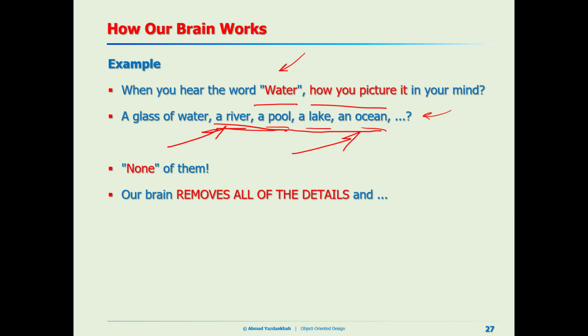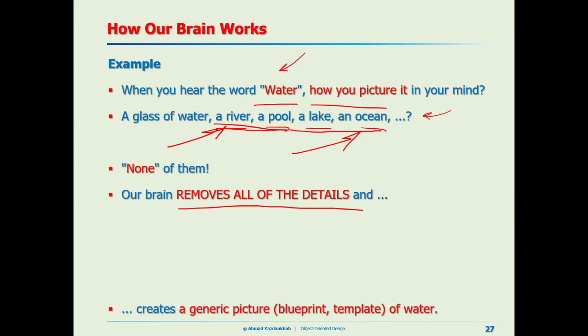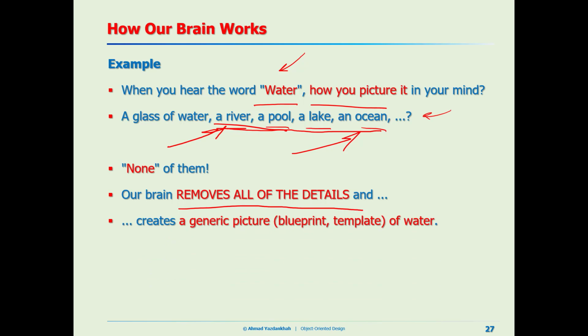And your brain removes all of those details and creates a generic concept of that. It's a generic picture, a blueprint, a template of water, right? This operation that your brain does is called abstraction.